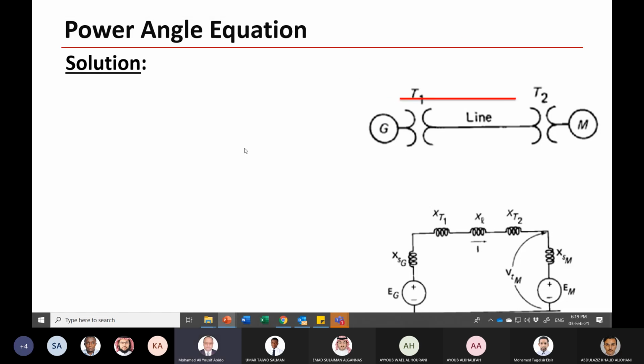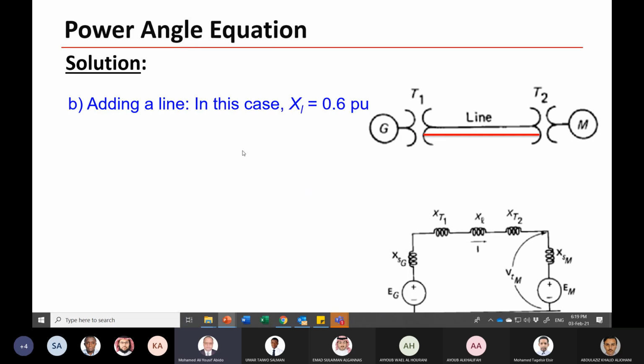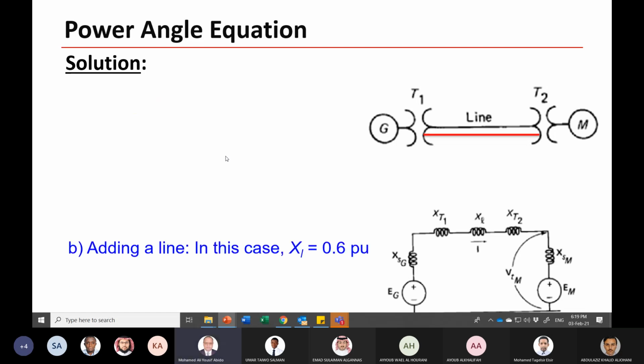Now for point B, if we add a transmission line in parallel here, the equivalent reactance becomes 0.6 instead of 1.2, since you divide by 2. The EM is the same.